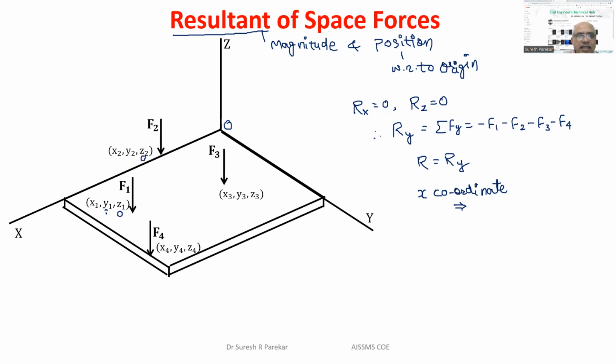Why is the z component 0? Because my forces are in the xy plane, which passes through the origin, and therefore all these z values are 0. Now, for the coordinate of F, it is on the x-axis, so I will get a y value of 0. Means from where I have to measure this x coordinate, I have to measure from the y-axis. And therefore, to find the x coordinate, we have to take moment about the y-axis.